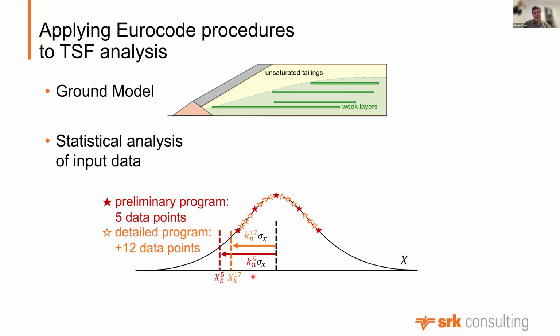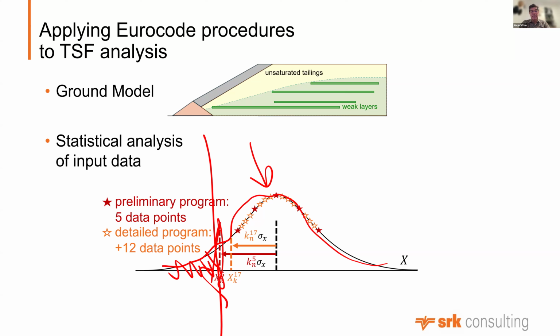This is an easy thing to understand for the people working in civil geotechnics, but in the mining industry, there is the 20% rule or the 30% rule that will tell you that, whether you have few or many data points, you have a distribution, you pick the 20% tail and you use this value regardless of the amount of data and the quality of the data.